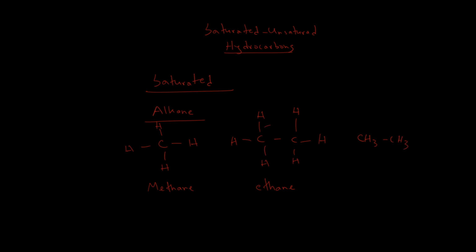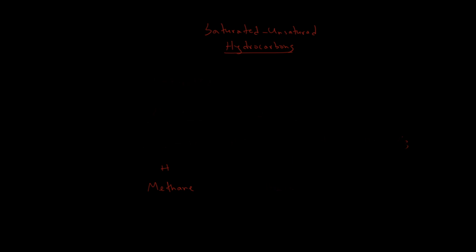Here there are only single bonds, and these single bonds are sigma bonds, and sigma bonds are strong bonds. The names for the alkane group depend on the number of carbons. The first member is methane, a 1 carbon alkane. The second is ethane, 2 carbon alkane.